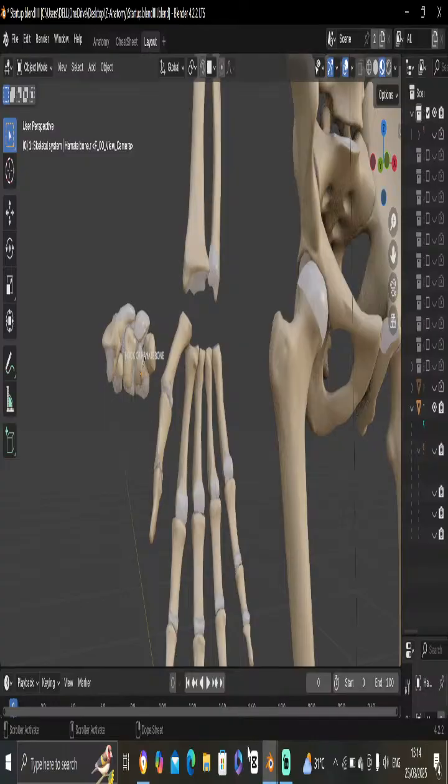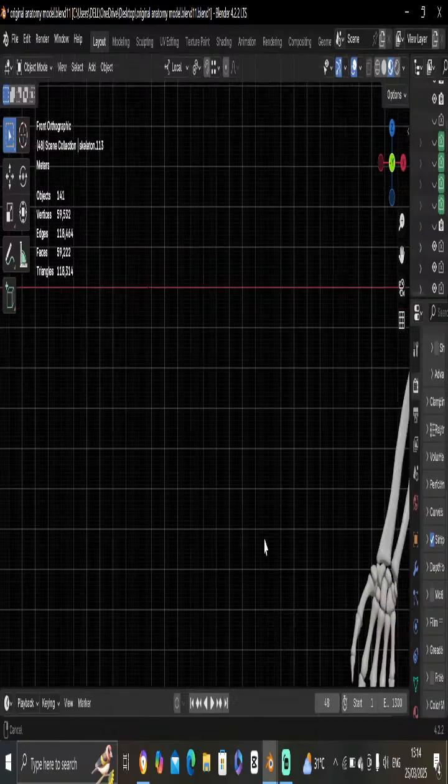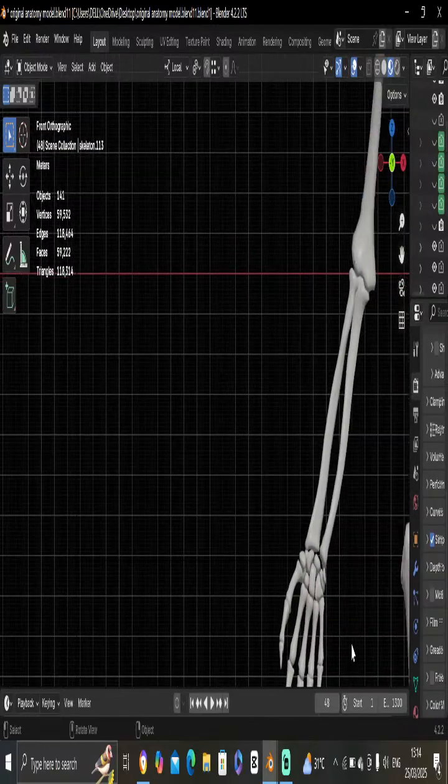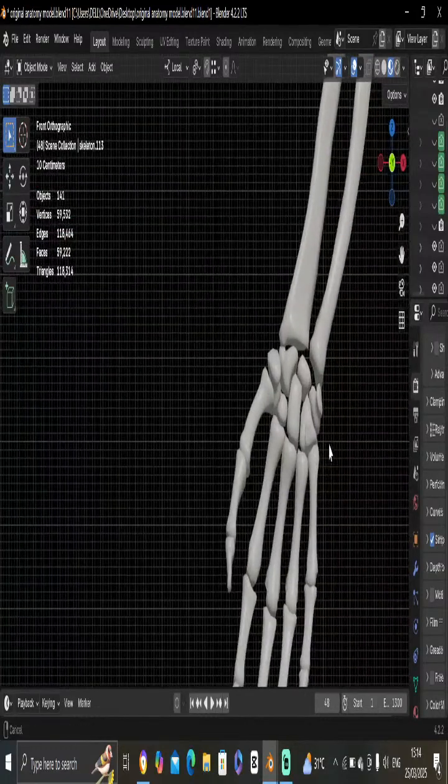Let's go to the lower resolution image to explain. Broadly, they can be divided into 2 rows. We have a proximal row: these 4 bones here, 1, 2, 3, 4, make up the proximal row of the carpal bones.